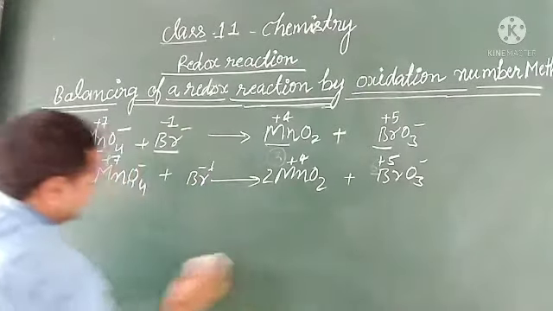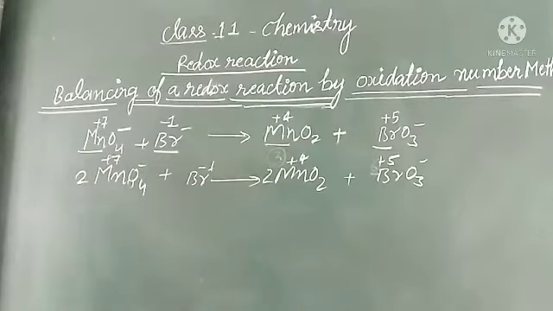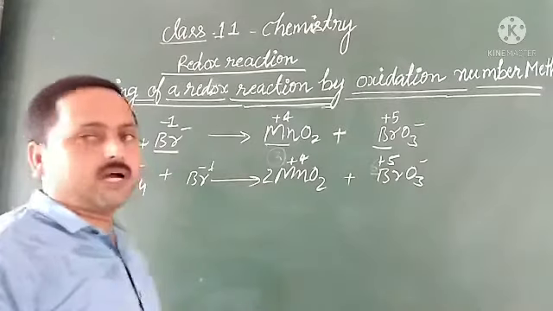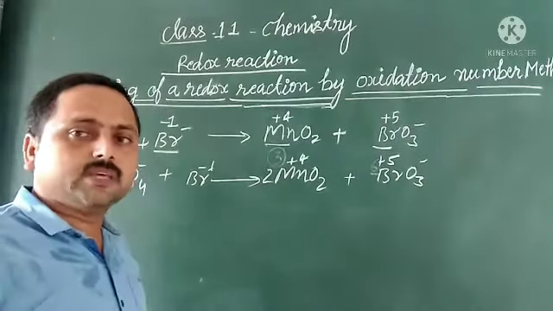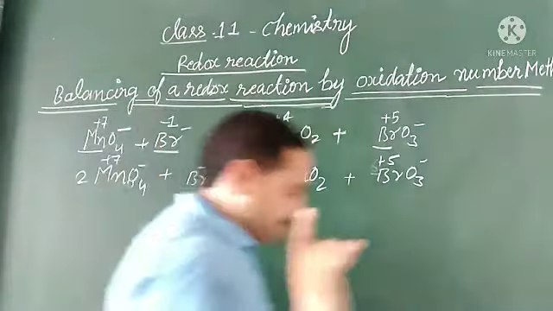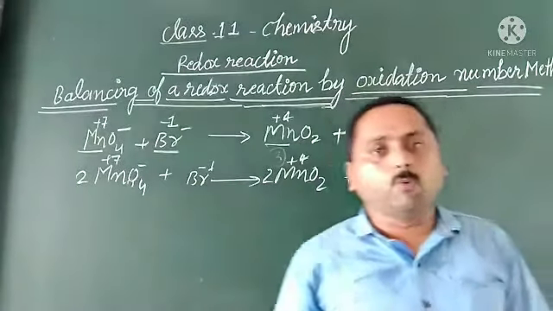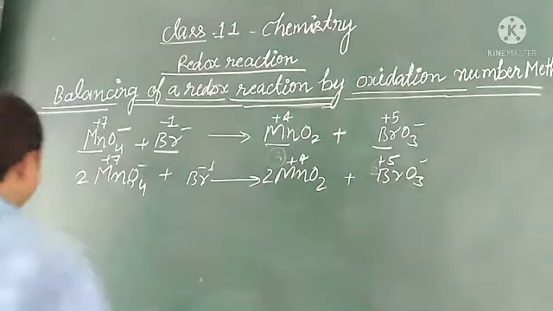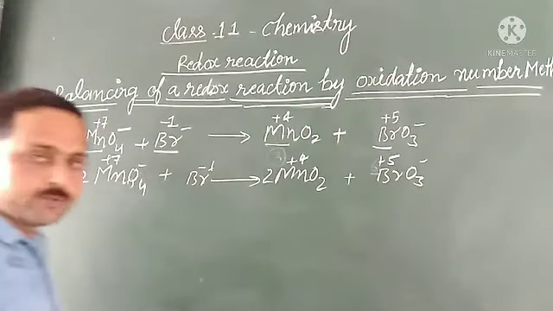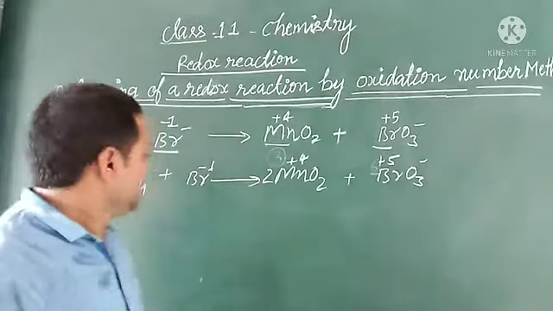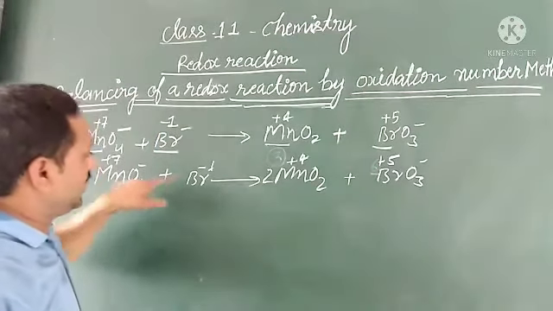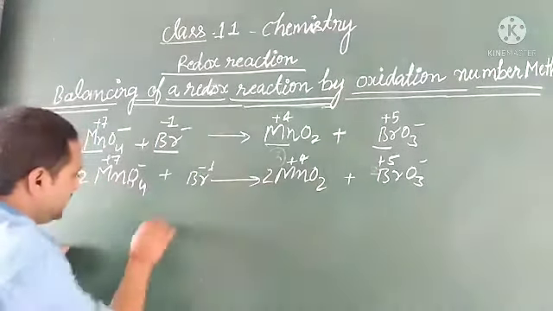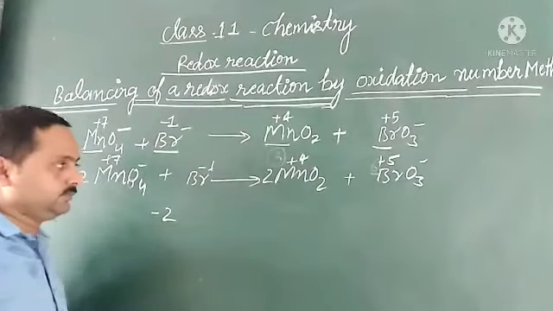After that, we will balance the charges present on them. If the reaction is in basic medium, then we will use OH minus to balance the charge. Could you help me calculate the charge? Here minus 1 and minus 1, so the total on this side is minus 2.